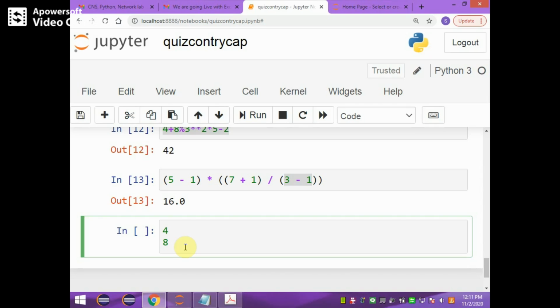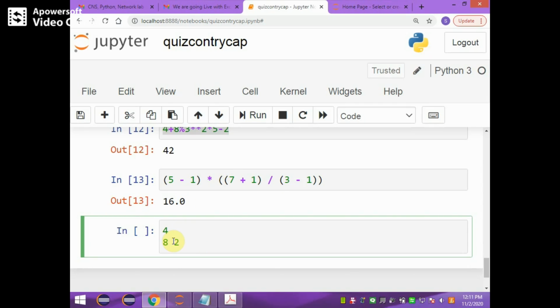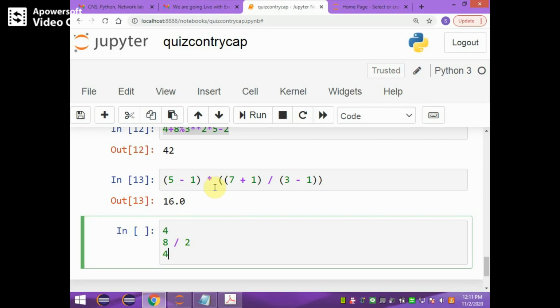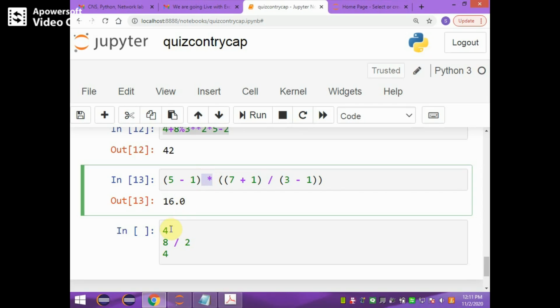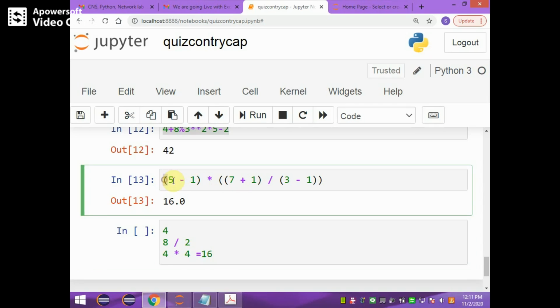Okay, and then the division operation takes place between 8 and 2, which gives the answer 4. Okay, and then that answer will be multiplied with 5 minus 1, that is 4 into 4, which becomes 16. Thus, we can override the precedence of operators by using parentheses.